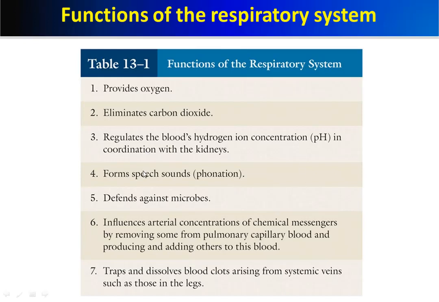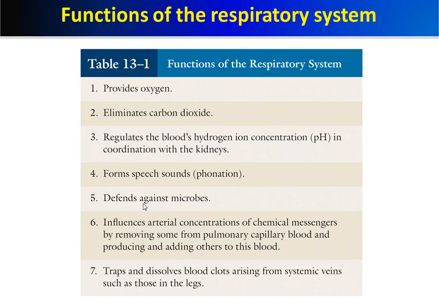Also, the respiratory system is important for phonation, for speech. It is important for defense against microbes. And it also influences the concentrations of important chemical messengers in the blood.